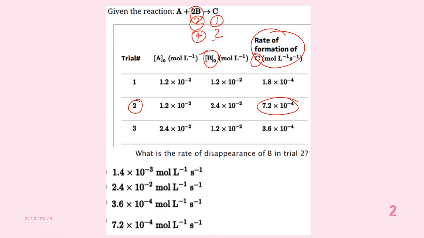If the rate of appearance of C is 7.2 times 10 to the power negative 4, double of that will be 2 times 7.2, that is 14.4 times 10 to the power negative 4. In the answer choices we don't have 14, but we can change the scientific notation by moving the decimal. So the negative 4 will change to negative 3. So the answer is 1.4.